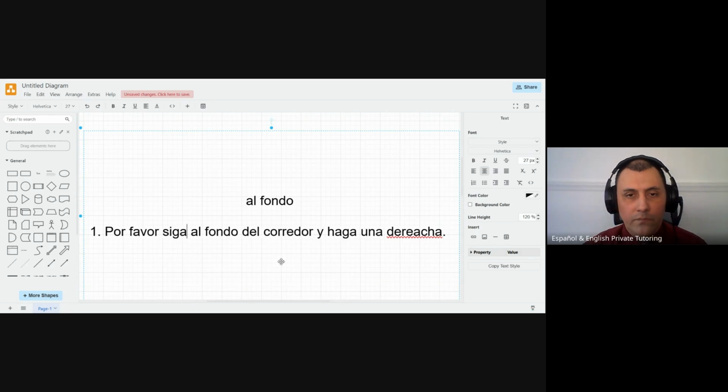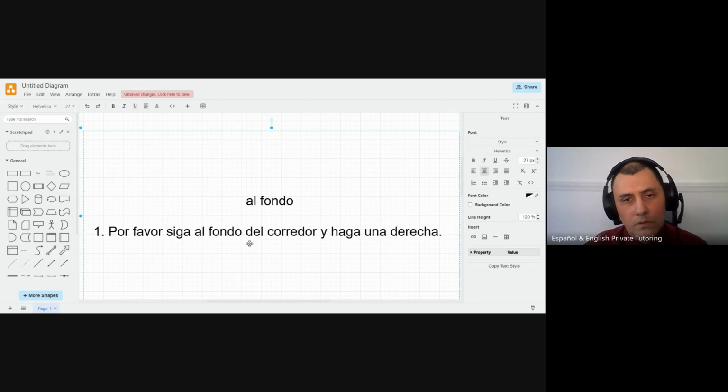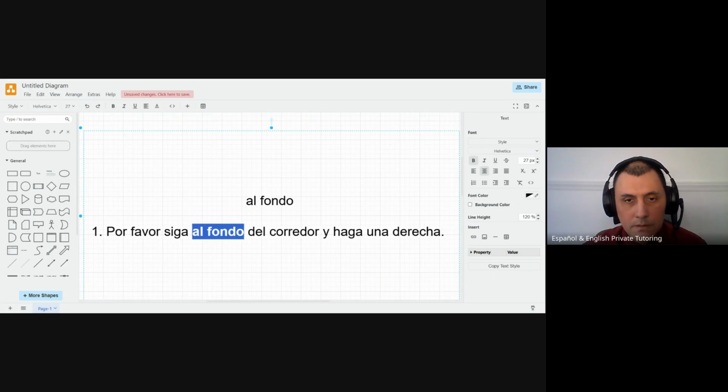Please continue to the end of the hallway and make a right. When it comes to directions, it can also mean to the end of something.